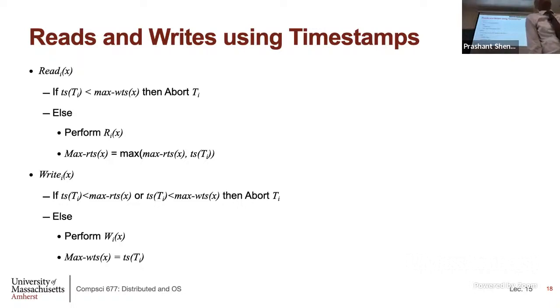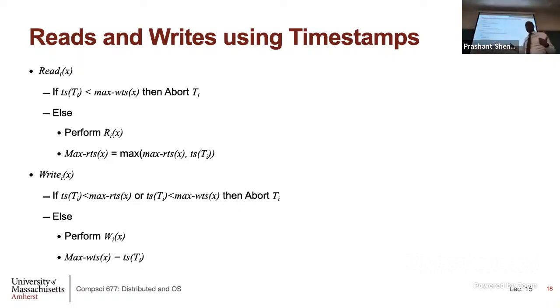Yes. Won't this result in starvation of longer transactions? Won't result in starvation if it is the case that the transactions are modifying the same data item and some of them are long running, the shorter ones will keep winning. You're right. Okay?